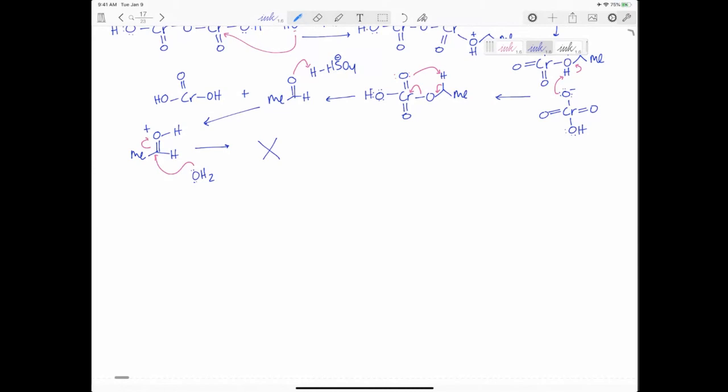So you're going to get this intermediate here: methyl, hydrogen, alcohol, and OH2+. And then early on, when you deprotonated the sulfuric acid, it's going to come back for revenge to give me this here.